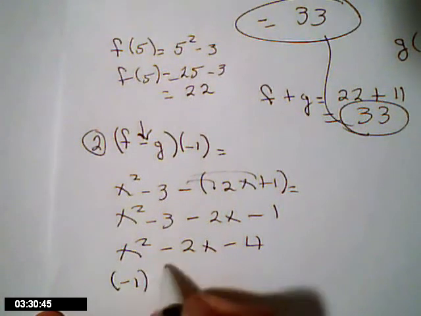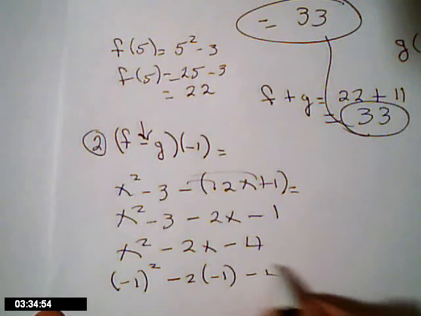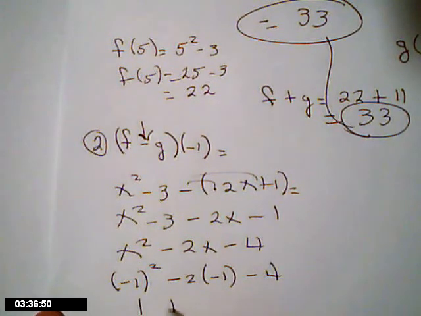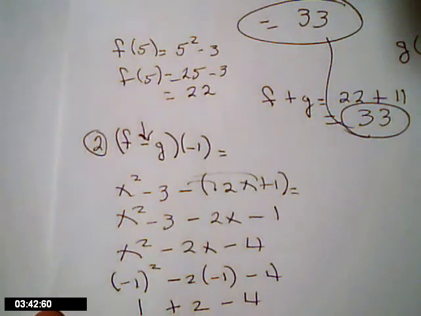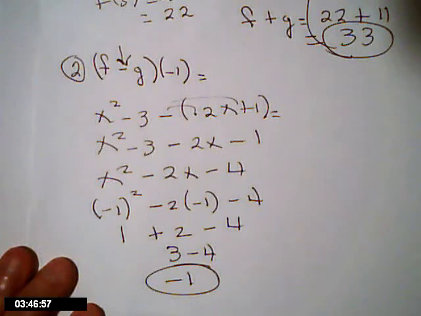Then when we substitute our negative 1 in, we're going to have 1 plus 2 minus 4, or 3 minus 4, or negative 1. Now remember, there was another way that you could have worked this by substituting each individually, but either way would be fine.